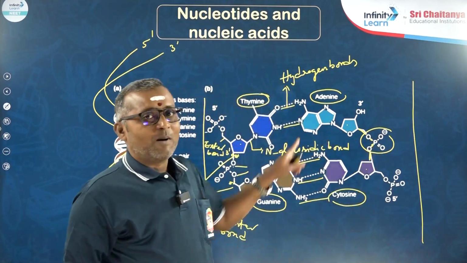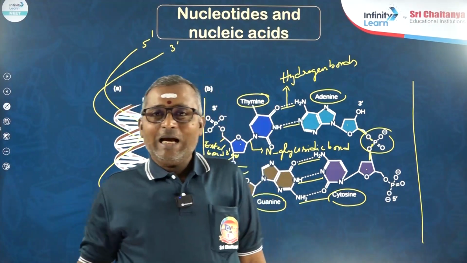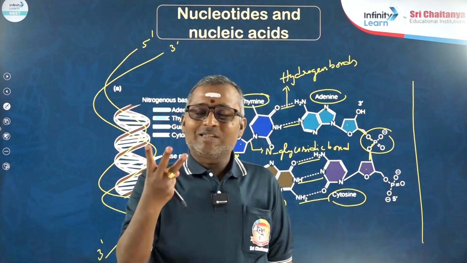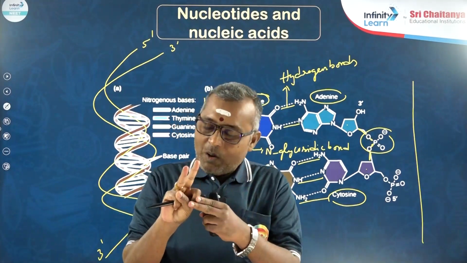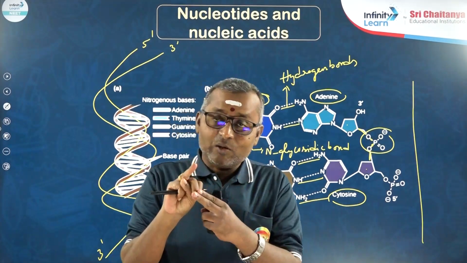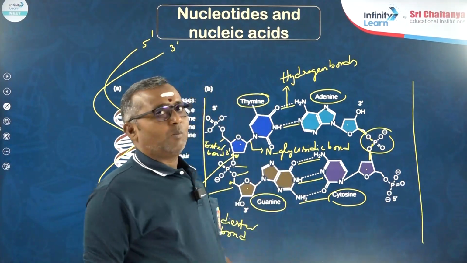Hence, it is called phosphodiester bond. So, in a nucleic acid like DNA, you could see 3 kinds of bonds. One is hydrogen bond, second one is N-glycosidic bond, and third one is phosphodiester bonds.